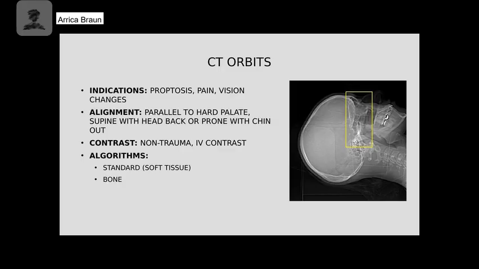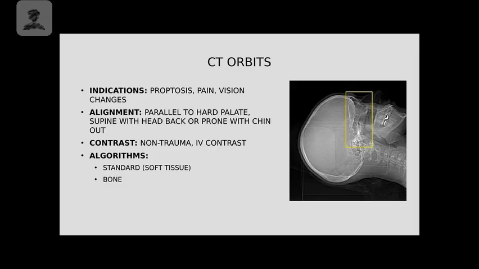Another kind of exam we can do in CT is going to be CT of the orbits. I wouldn't say this is done extremely often, but it's done enough that we do need to talk about it. Some indications would be proptosis, which is where the eyes almost seem to bulge out of the eye sockets. If they have recurring pain in a certain location and they think they might have something lodged in there.